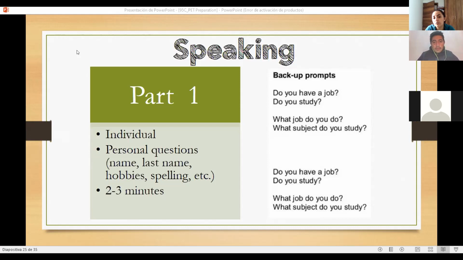How long is this part going to take? It's not going to be longer than 2 or 3 minutes per participant. So each one of you will have 2 to 3 minutes to answer these personal information questions.